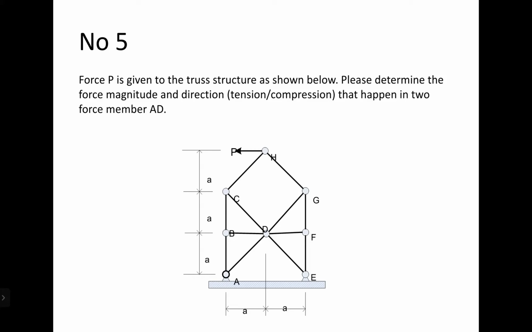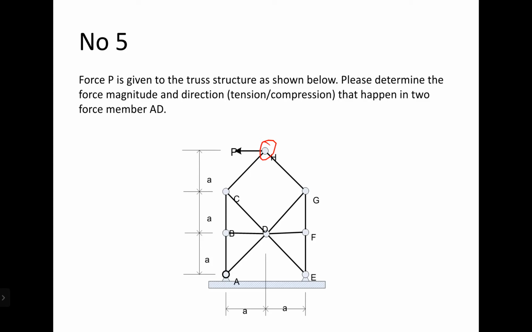Okay, so how can we solve this problem? The thing that you can do is to divide this into two different free body diagrams. I will explain it to you. The first thing that you're supposed to solve is joint P there.